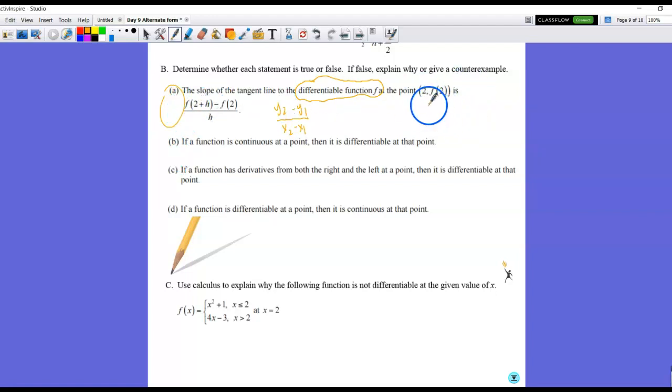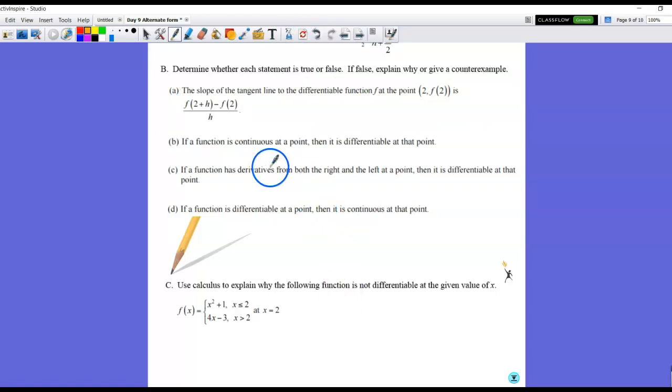So this will be false. And the explanation would be there is no limit. So this is not a derivative. It looks like it wants to be a derivative, but it's actually just a difference quotient. So it's not a derivative, not instant rate of change. All right, so let's clear the annotations.